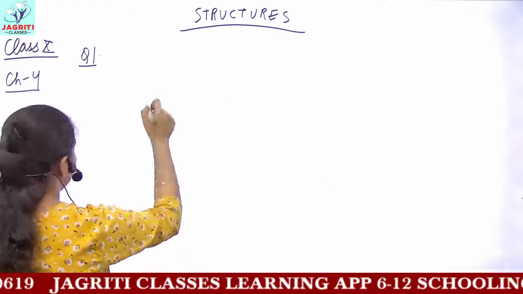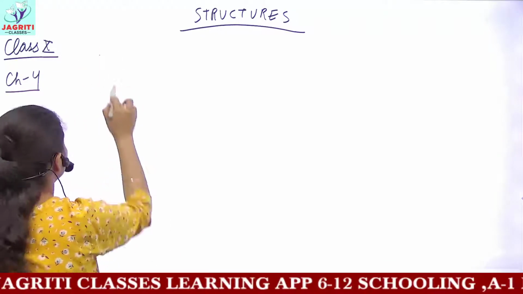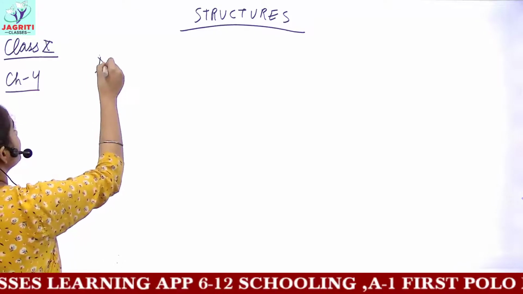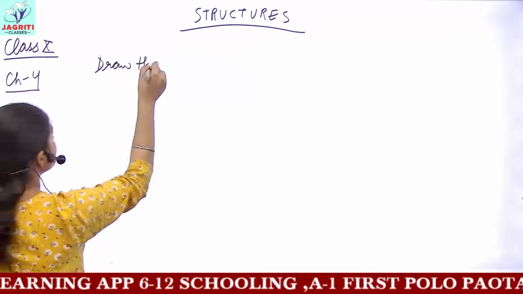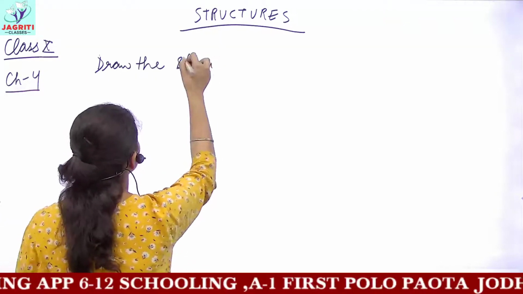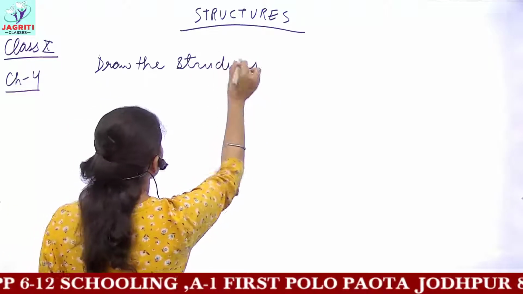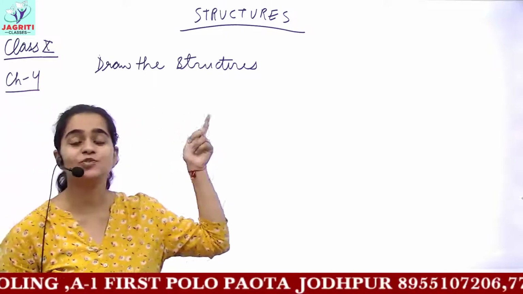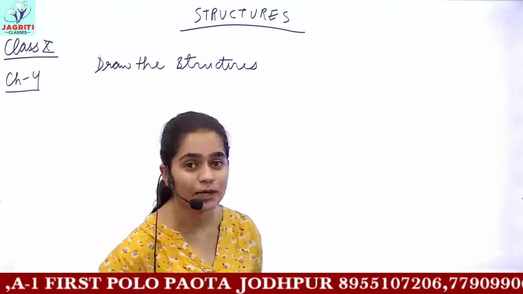So now we'll start with the first example. That is, if you are given, draw the structures, and similarly you will be asked in the exams, okay? This topic is not being cancelled from your syllabus, that is, from the revised syllabus of 2021.